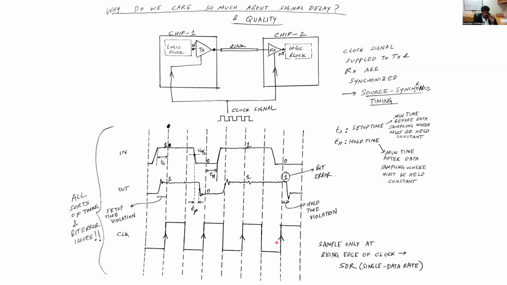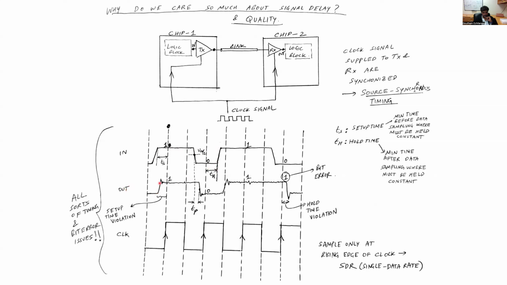One important constraint is that when the data is sampled, the data has to be stable for a certain time before the sampling location as well as after the sampling location. And this is necessary for the digital logic to actually work. The minimum time before the transition where the data has to be stable is called the setup time. And the minimum time after where the signal transition occurs is called the hold time.